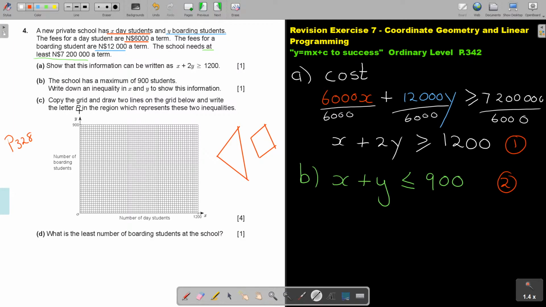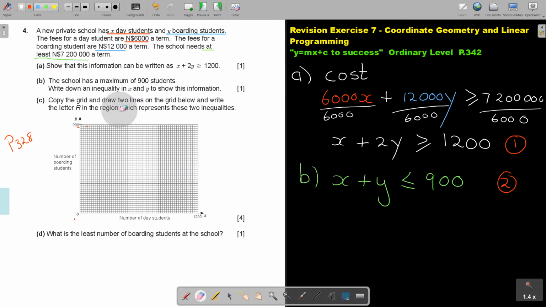So they say copy and draw the grid, and I think I need the other one because I'm going to have actually these 2 axes. So copy and draw it and write down the letter which represents. So it's like X will be bigger and Y will be bigger. So that's the other 2. It can form that, this axis is going to help me. Otherwise you need 3. But in this case, I think they're going to use the axes also. Okay, so let's just go on.